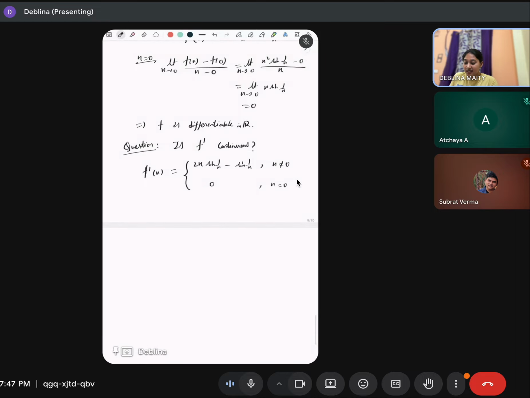Now I am saying that this f dash is not continuous at the point 0. Continuous means that if x goes to 0, f dash x should go to f dash 0.